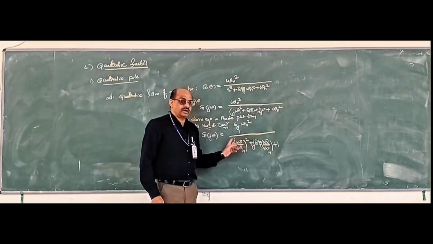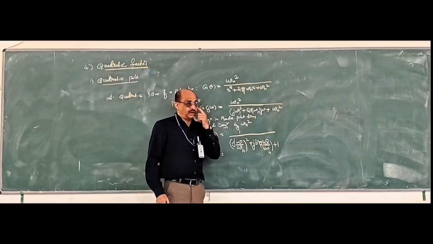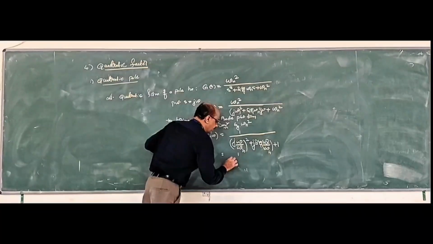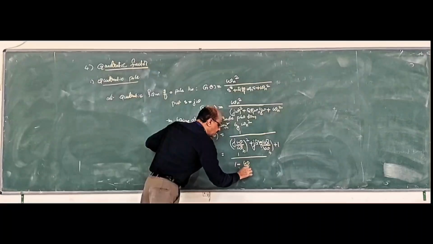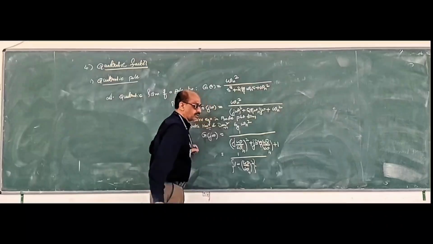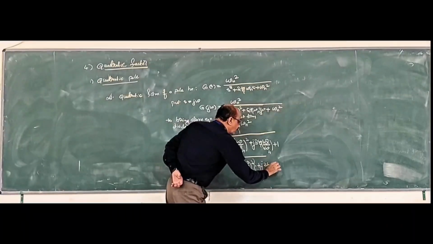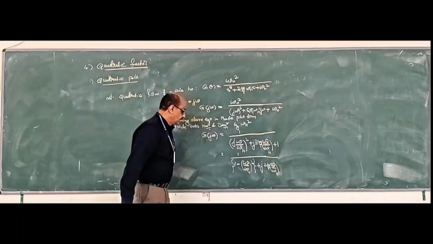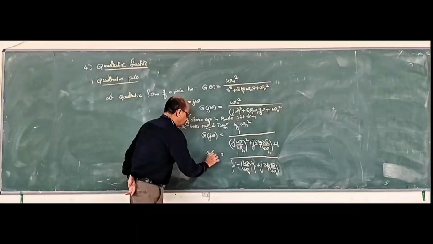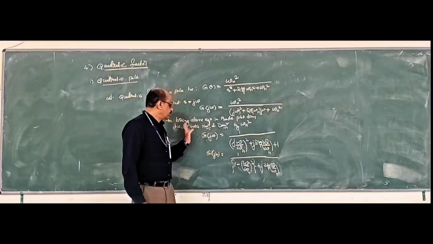Note that j square is minus 1, so I get the real part and imaginary part. I write it in the form of real and imaginary parts: 1 minus omega by omega n whole square, in the lower bracket, plus j 2 zeta omega by omega n. So this is the standard Bode plot form.